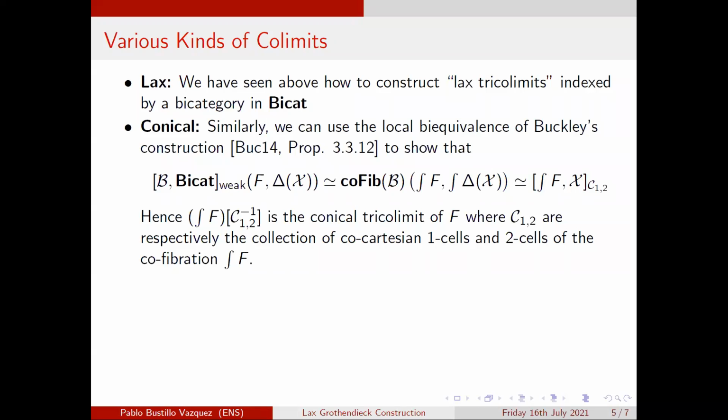If you once again take G equal delta x in Buckley's result, the co-cones on a diagram F are the same thing as co-Cartesian functors from the construction to B times X, which are the same thing as functors from the Grothendieck construction to X that send co-Cartesian 1-cells and 2-cells to equivalences. This tells you immediately that if you localize the Grothendieck construction at the co-Cartesian 1-cells and 2-cells, then you have the conical tri-colimits.